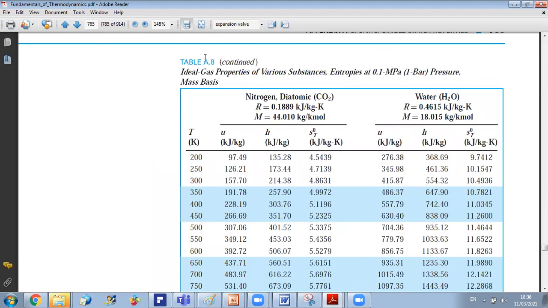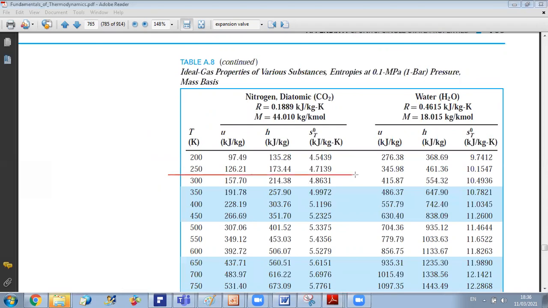So the first temperature we know at inlet is 280. 280 is just here between 250 and 300, nearly in the middle, not exactly in the middle. So to be accurate, let us do interpolation. All we have to do is to write this.